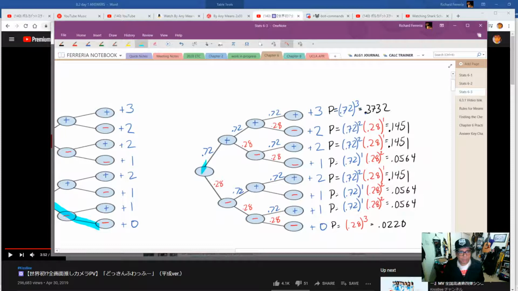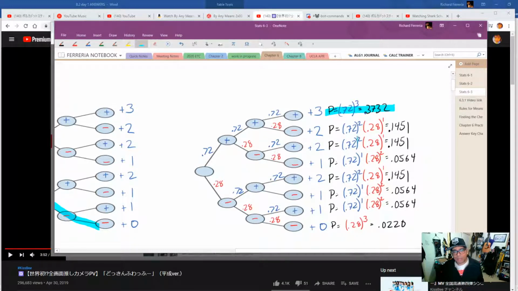Next, we could make, miss, and then make, and that would give us 2 made free throws at 72% and 1 missed free throw at 0.28, and that's 0.1451 again. So as you can see, they're all kind of done here, and let's highlight Memphis winning the game, and that's this one right here.